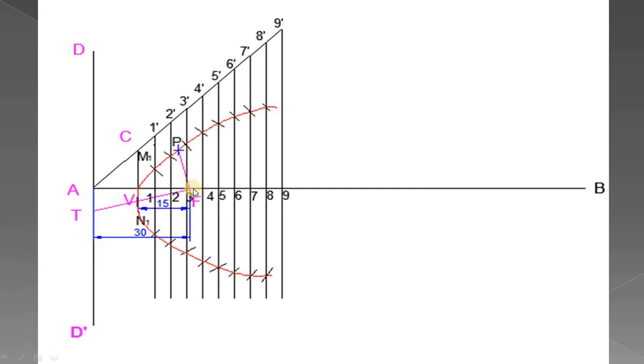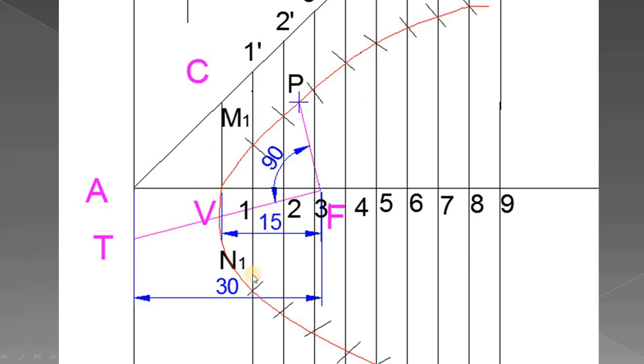Join P and F, and from F draw a line at 90 degrees to PF, which touches D dash at T. This should be 90 degrees. Here you can see clearly that PF and FT should be at 90 degrees. This is very important.